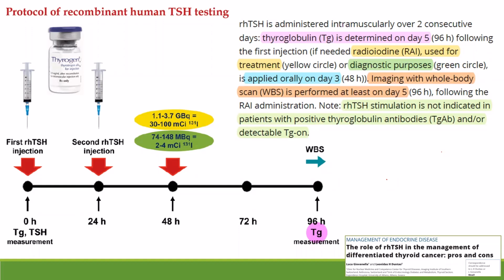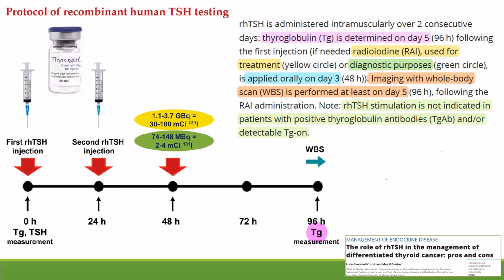And if we give a diagnostic dosage of radioactive iodine, I will give it after 48 hours from the first Thyrogen injection, at the start of day 3.